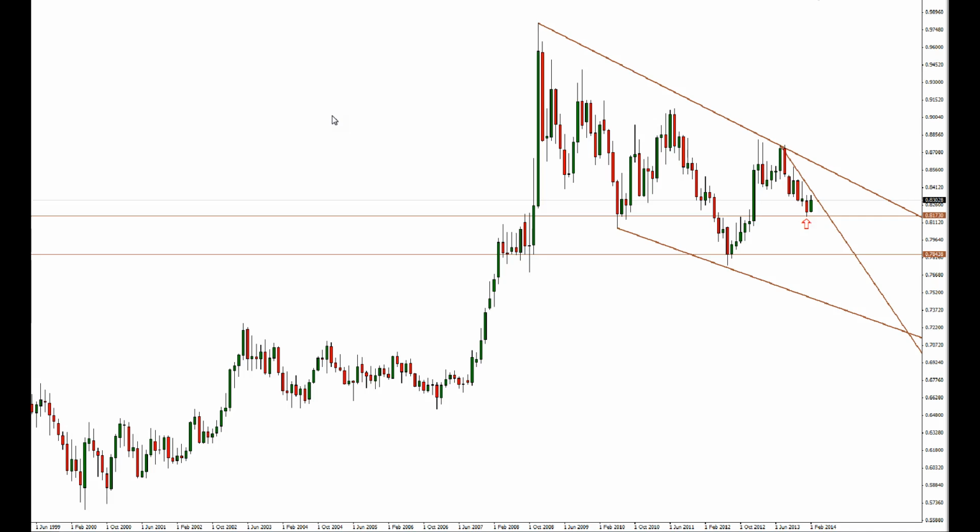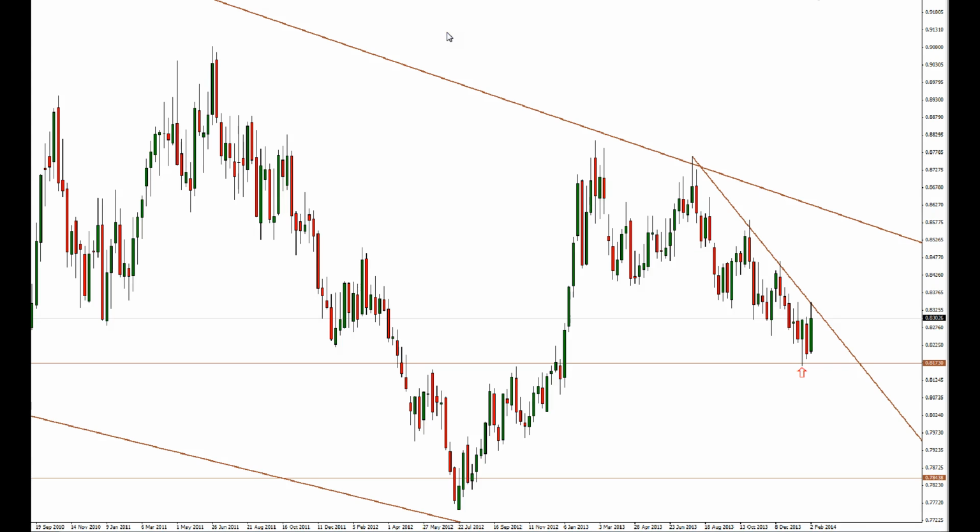So obviously we have to wait at least on a higher time frame such as weekly to see the last lower high that was exceeded.